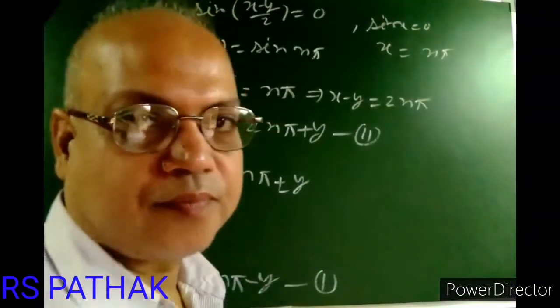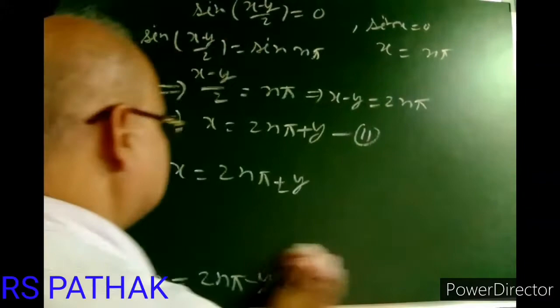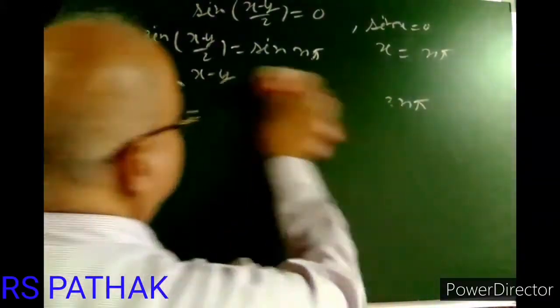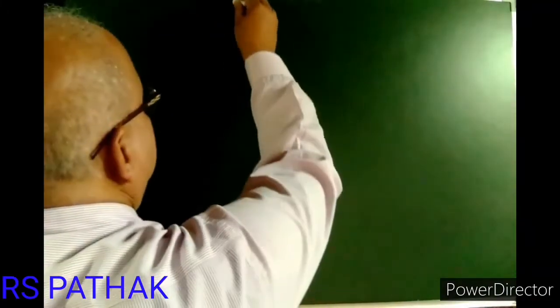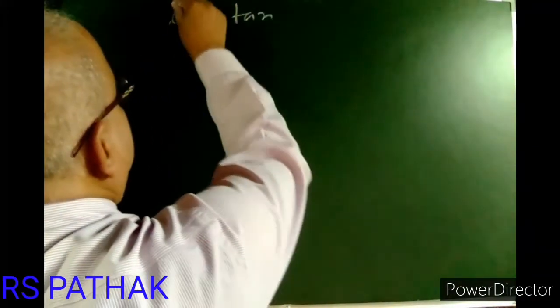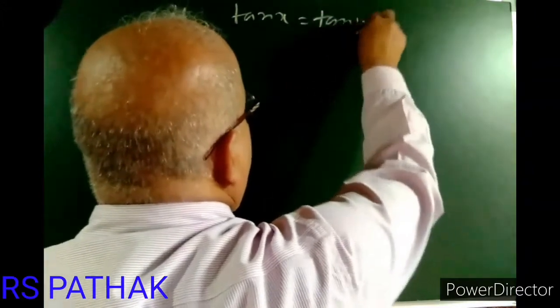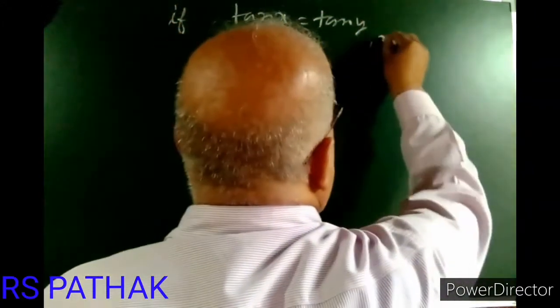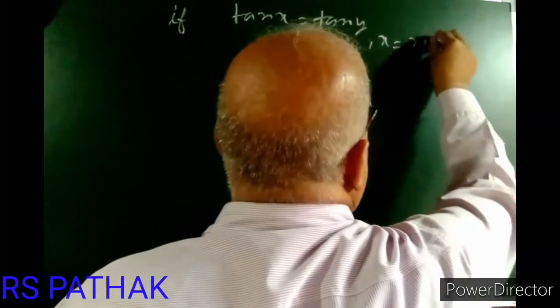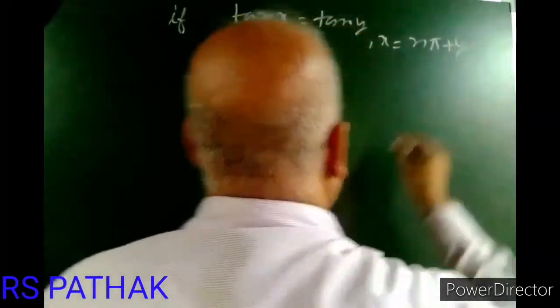Second theorem proved. Now I will prove the third theorem. Third theorem is, if tan x equal to tan y, then x is equal to n pi plus y.